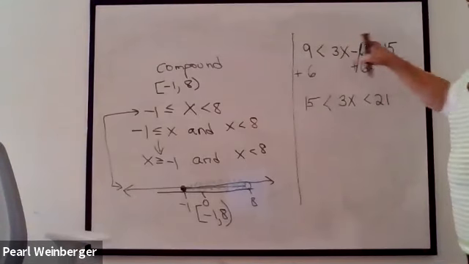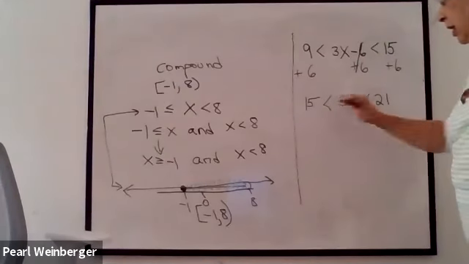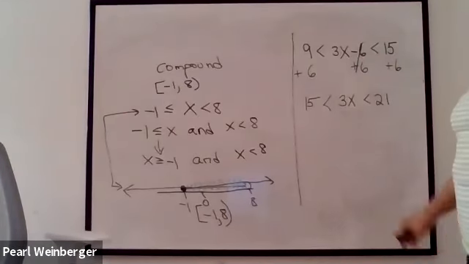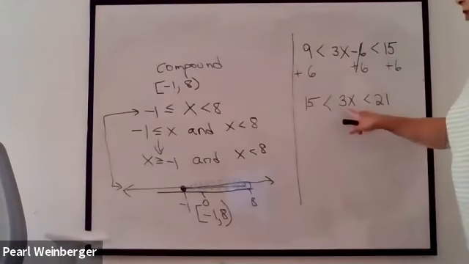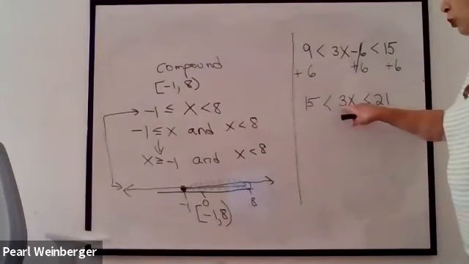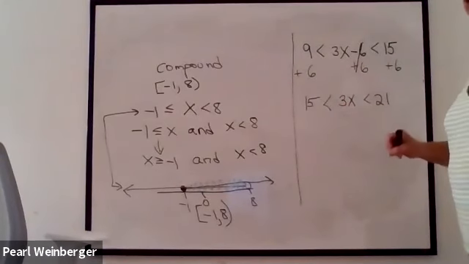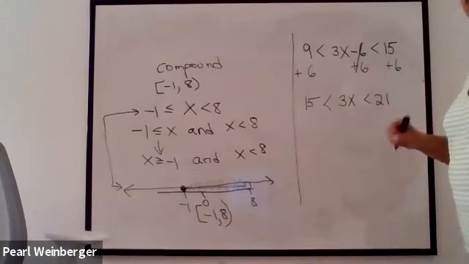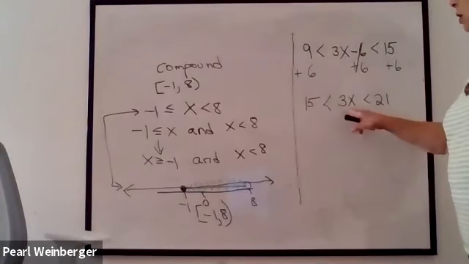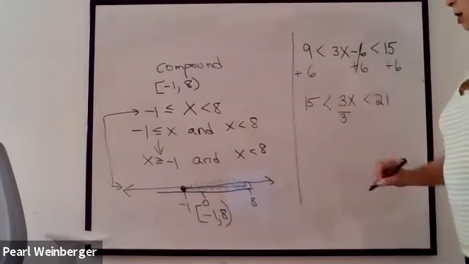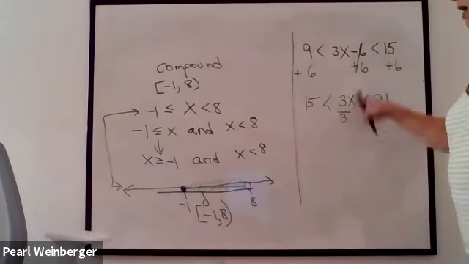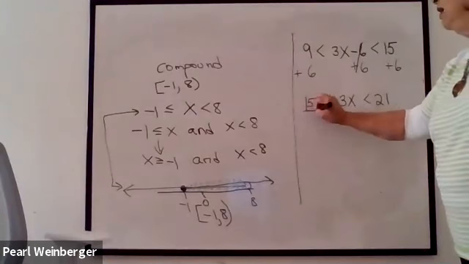Notice these were less than signs, so I just carried down the less than signs, because when I add something, I don't change the direction. The next thing I have to do: I have a 3x in the middle, but I want just a plain x in the middle, so I have to divide by 3. But if I divide by 3 in the middle, I have to divide by 3 on either end.